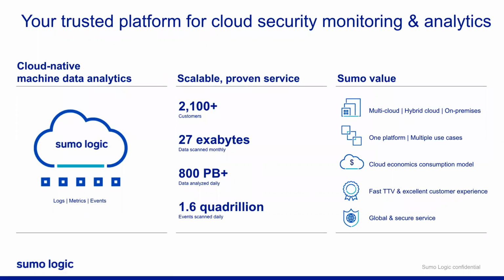We bring in a lot of data. We're a cloud native machine data analytics platform where we bring in log metrics, events, traces, really anything you might need there. And we were built in the cloud, so we have this great scalable capability where, I think we've actually gone up from the 27 exabytes now monthly. I think it's more than that, and I think it's over the 800 petabytes analyzed daily.